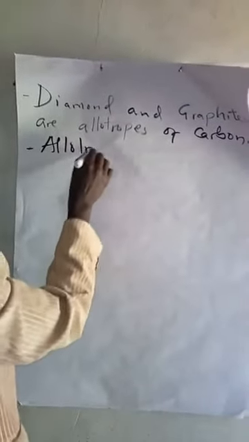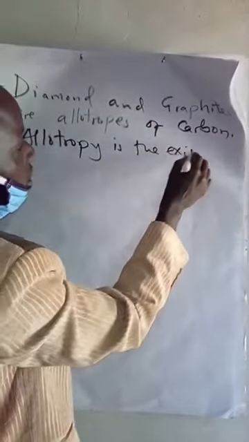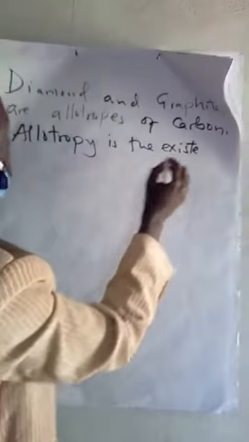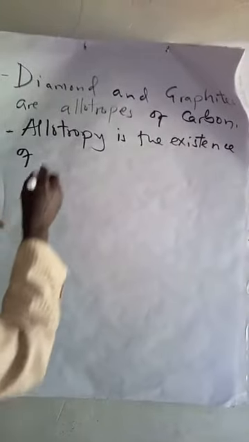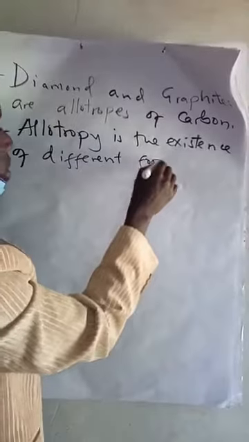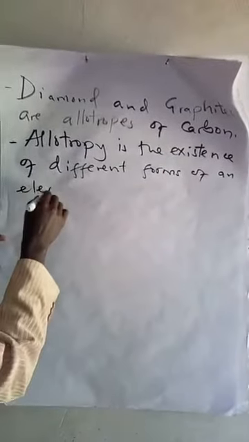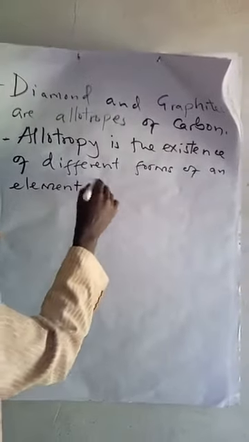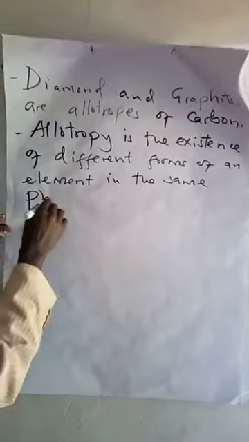We can say allotropy is the existence of different forms of an element in the same physical state.